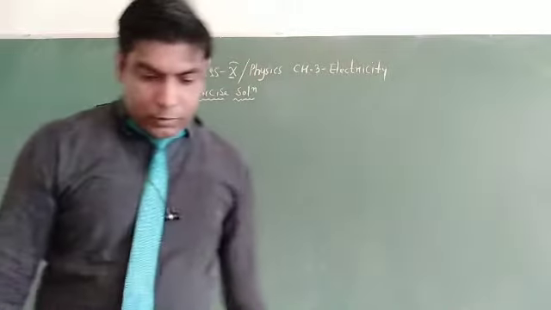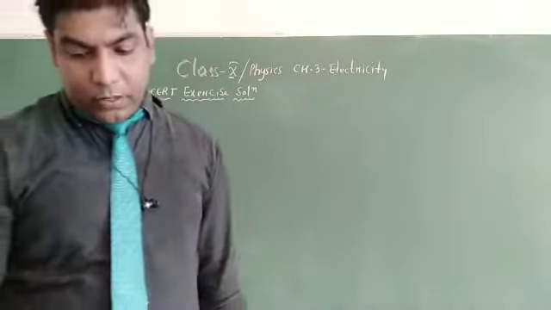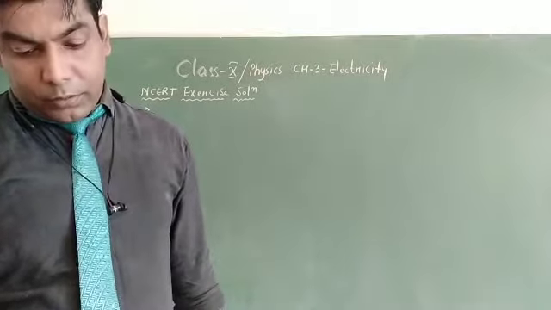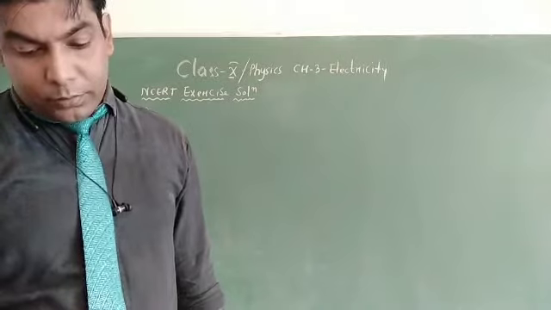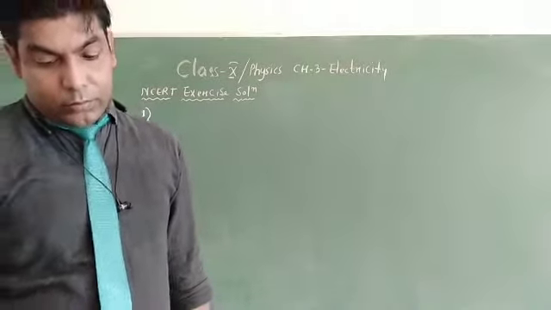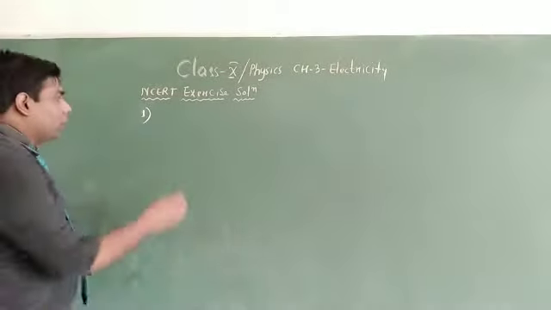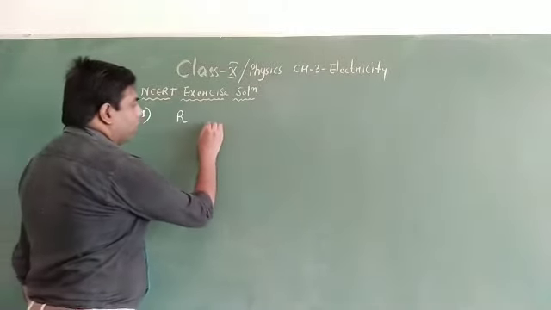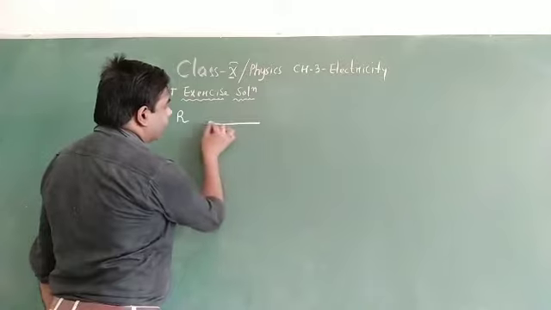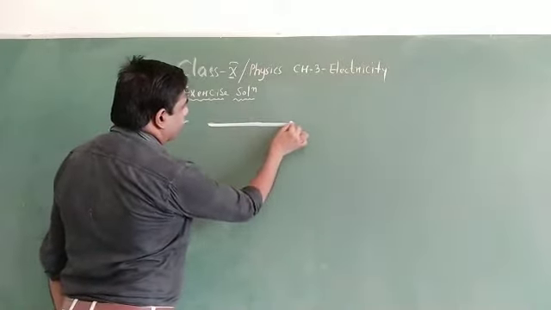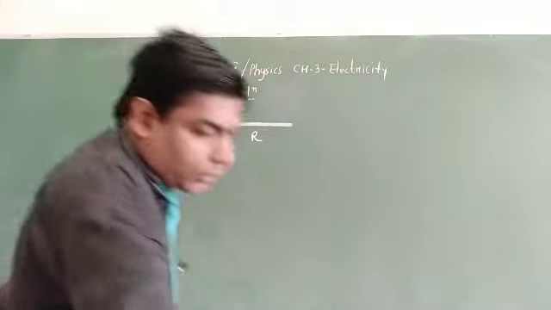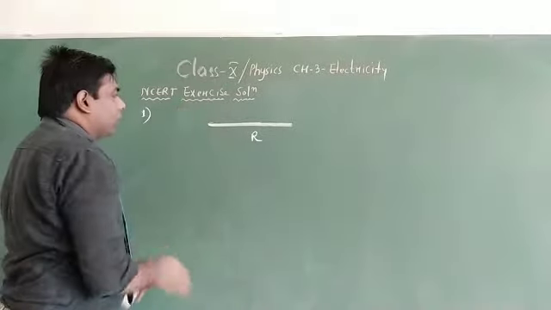says that a piece of wire of resistance R is cut into 5 equal parts. These parts are then connected in parallel. The equivalent resistance of this combination is R dash, then find the ratio R by R dash. This means a resistance R is given. Here there is a wire of resistance R, and it is cut into 5 equal parts.